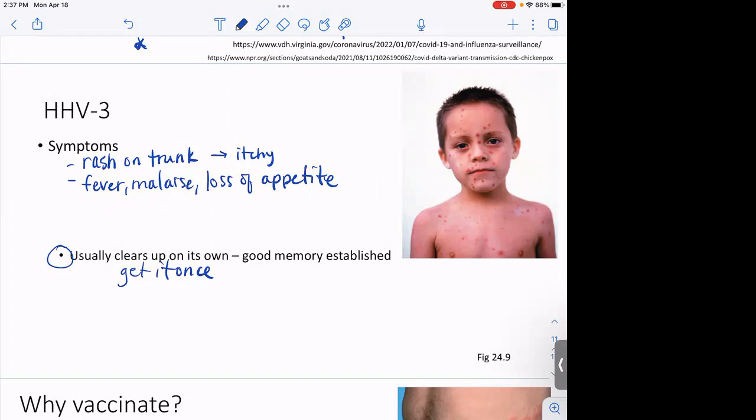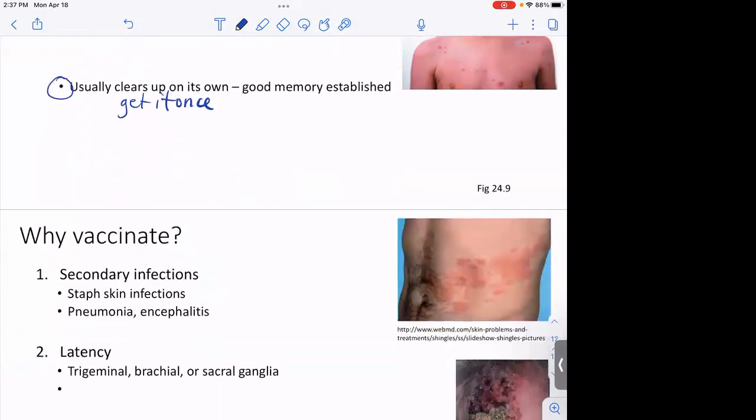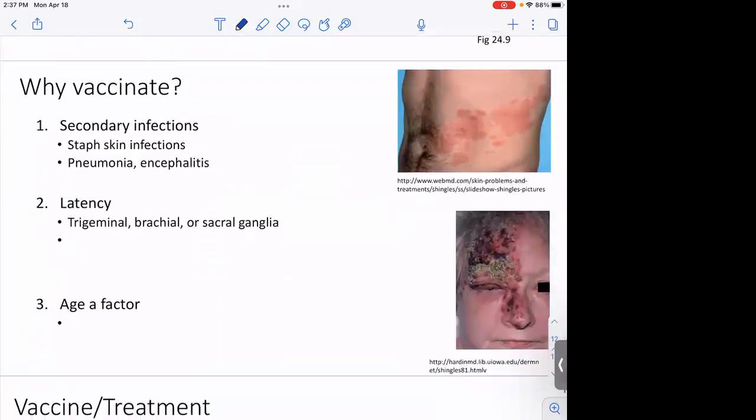So the question people asked when the vaccine came out in 1995 is, why do we need a vaccine for something that most people feel fine from? There are 3 reasons why it's good to be vaccinated. Number 1, when you get chickenpox as a child, you could get some kind of staph infection, especially if you're scratching at that rash and tear your scabs off before they're ready.